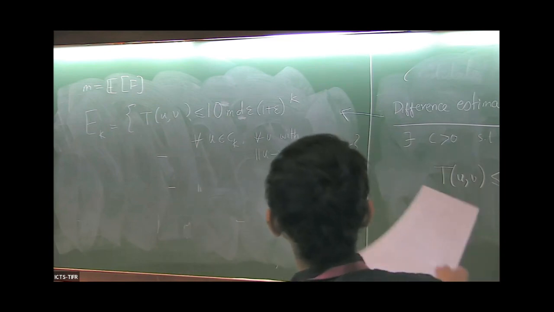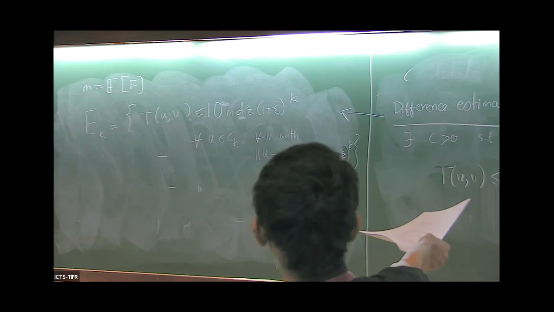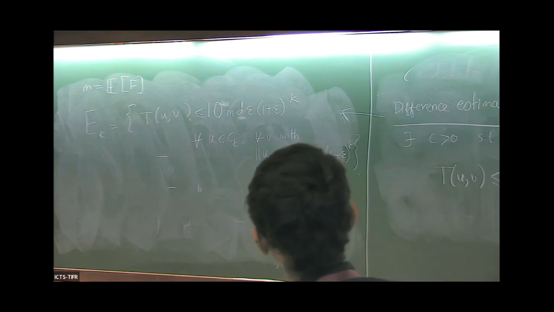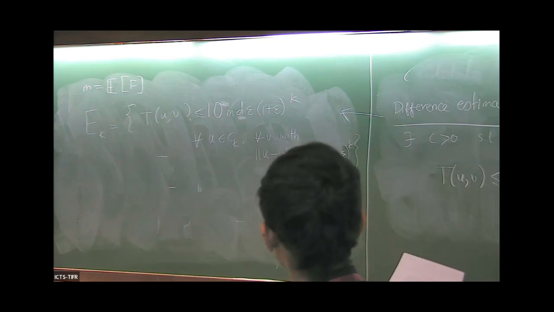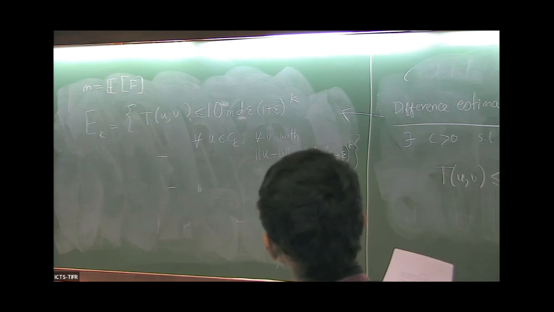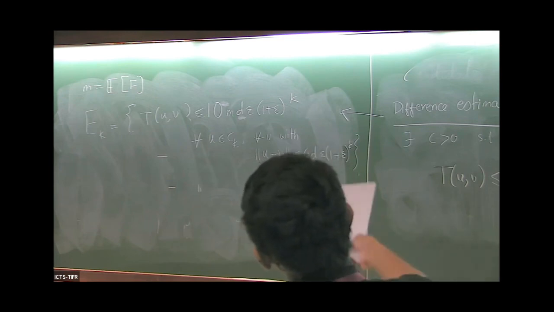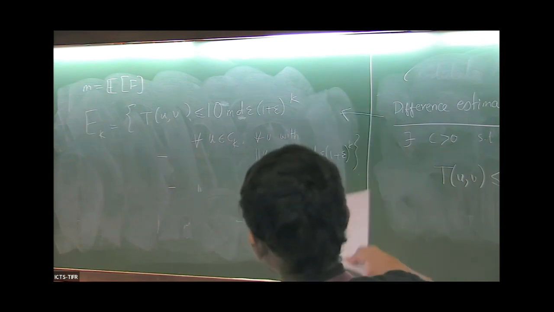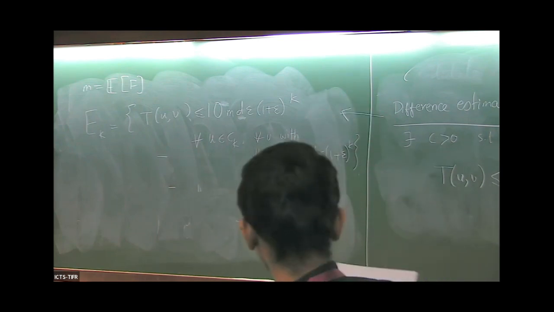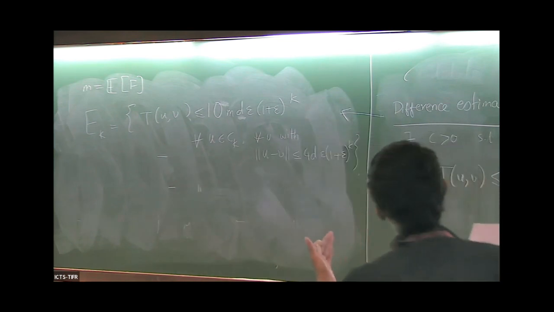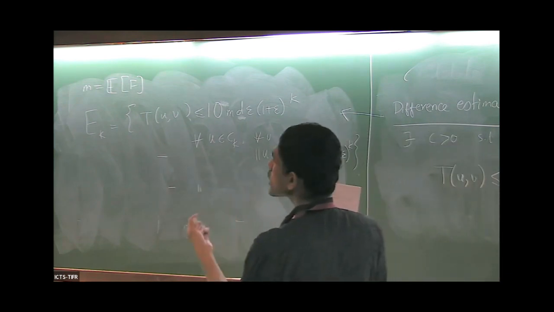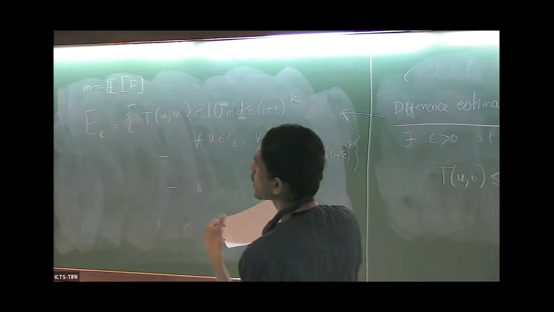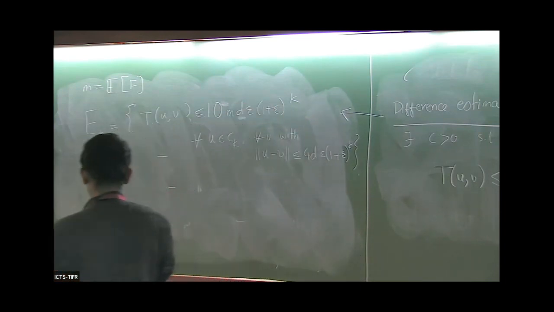And now my choice of C will be something like 10 times M times d, where M is the first moment of the passage time distribution. I want this to happen for all U in C_k and all V which are close enough to U. Now I will bound the probability of the complement of this using a Chebyshev inequality.